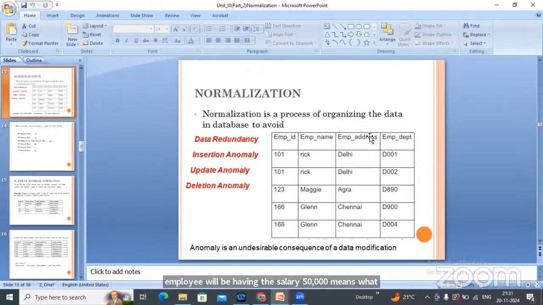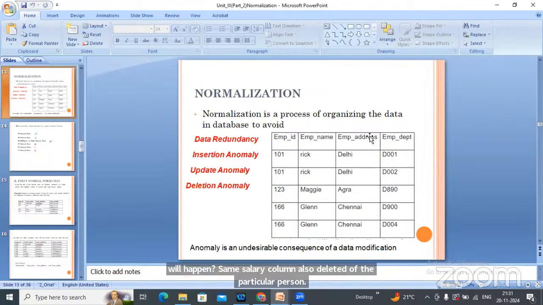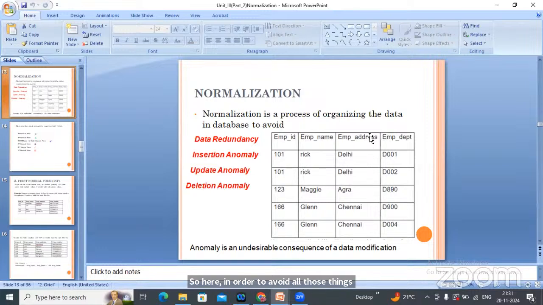Salary is dependent on rating. Yes or no? So here, if I want to delete a rating column, what will happen? The salary column of the particular person is also deleted. Avi deletion anomalies antaru.